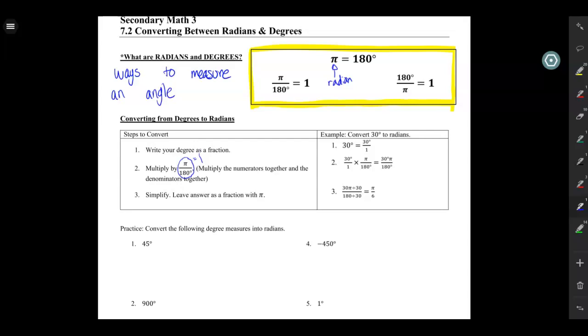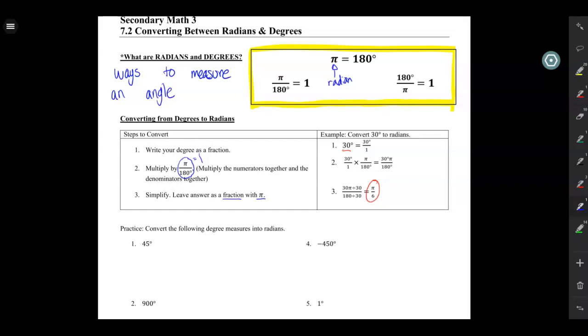Then you're going to simplify. So simplifying means like dividing the same number from the top and the bottom. And you're going to leave your answer as a fraction, and you're almost always going to have a pi in the answer. So in the example over here that I did on the right, I converted 30 degrees to pi sixths radians. So let's do a couple examples.